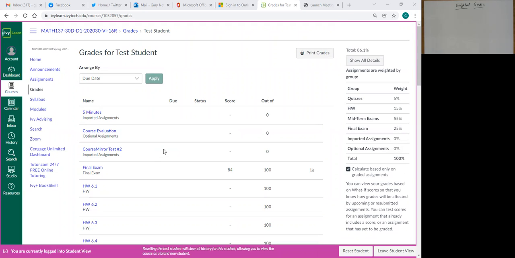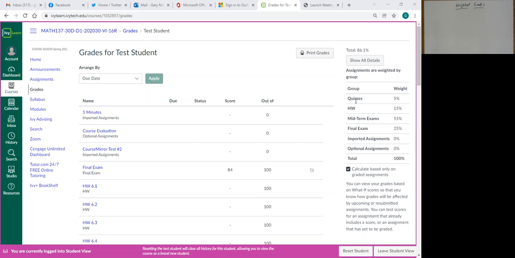Now, the first thing I want to point out, if you go into your grade book and look at the top right side, you notice this says assignments are weighted by group. So this names the group and the weighting. This basically tells you in your class what each kind of assignment is worth.